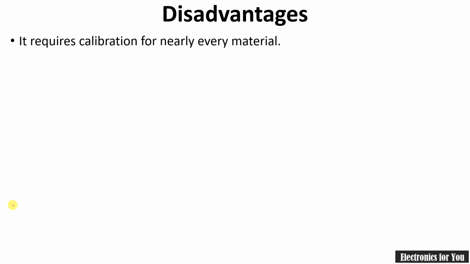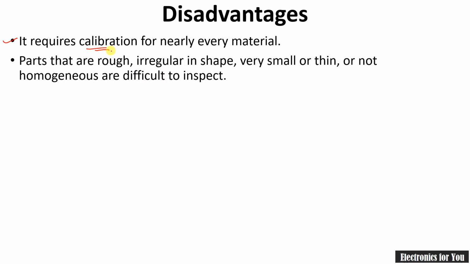Now let us talk about the disadvantages. It requires calibration, as I already told, for every material. Parts that are rough, irregular in shape, very small or thin, or not homogeneous are difficult to inspect, because you need proper contact between the probe and the workpiece here.